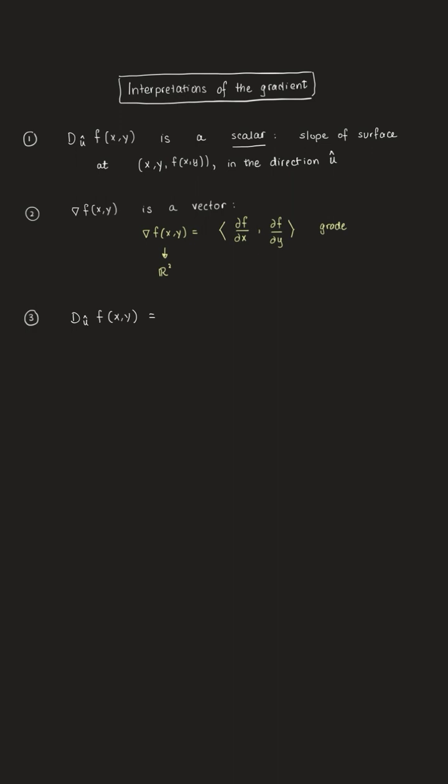All right. Another important note, since the directional derivative is a dot product. Let's recall that this is the dot product of our gradient with the unit vector in which we're trying to find that directional derivative. We have another way of writing a dot product. We know that the dot product is also equal to the magnitude of each vector multiplied together times the cosine of the angle between the vectors.